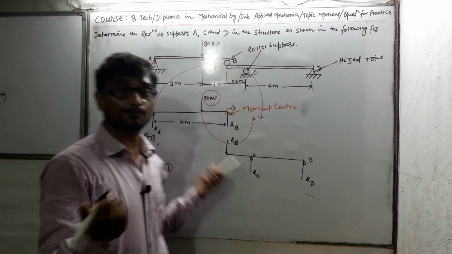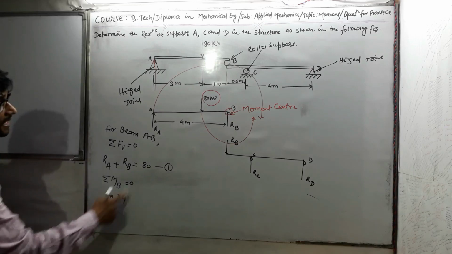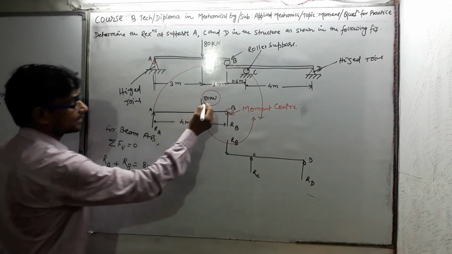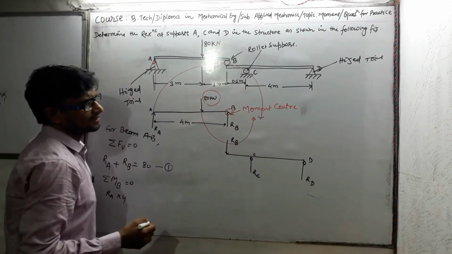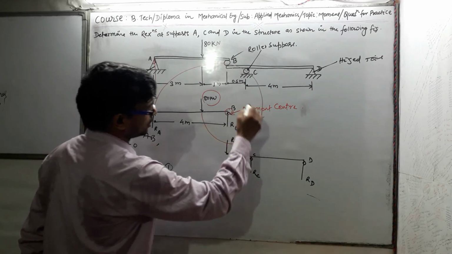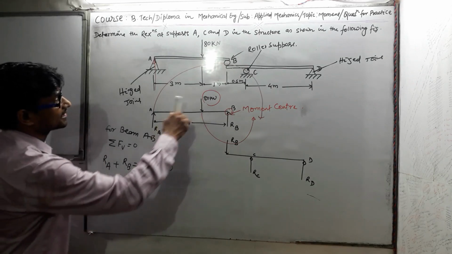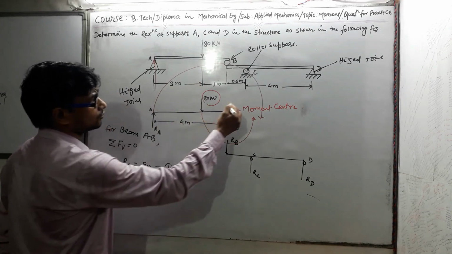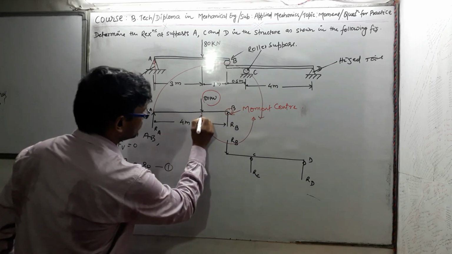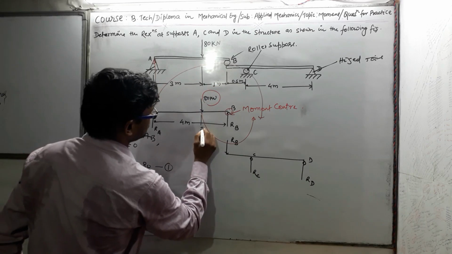Clockwise moment I am considering positive, then anti-clockwise moment must be taken as negative. So RA multiplied by 4, and the 80 kilonewton force creates a moment about point B in the anti-clockwise direction. So minus 80 multiplied by the perpendicular distance between the line of action and the moment center. Here is the line of action, and the distance to the moment center is 1 meter.